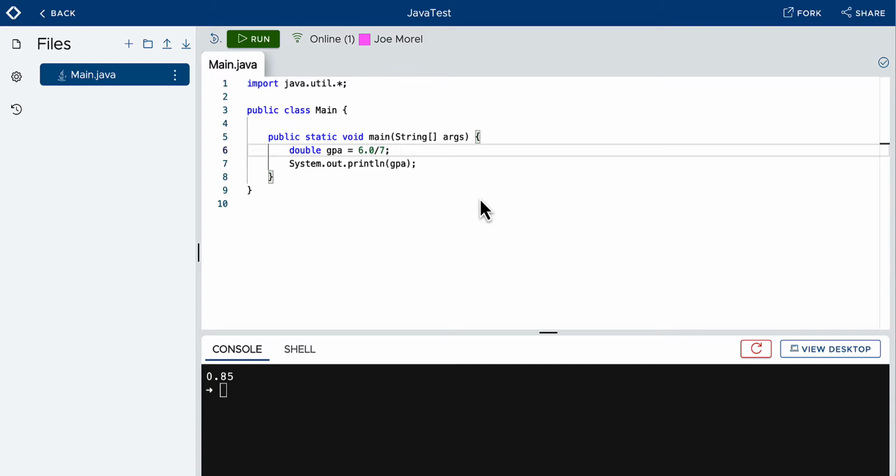So I've created a contrived example here where if you look, the 6.0 divided by 7 that I have right there, you can see that's going to return a really long decimal value that is something close to 0.86. So you can see how long that is there. And obviously, if we were going to round that, the ideal answer would be 0.86, right? That would be rounding it to the hundredths place.